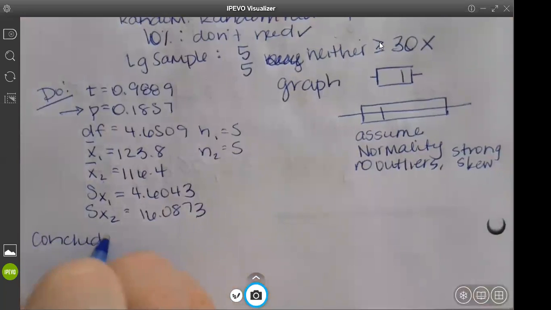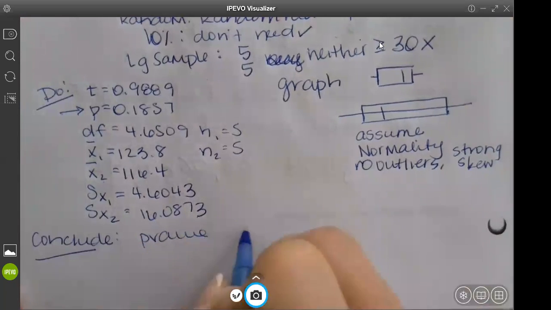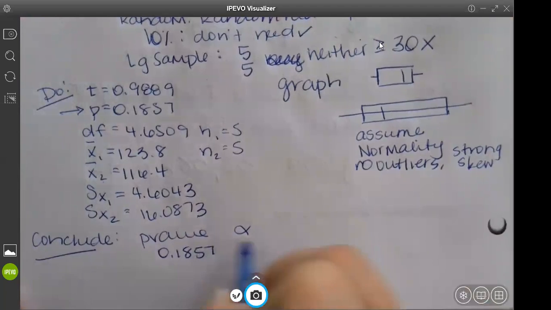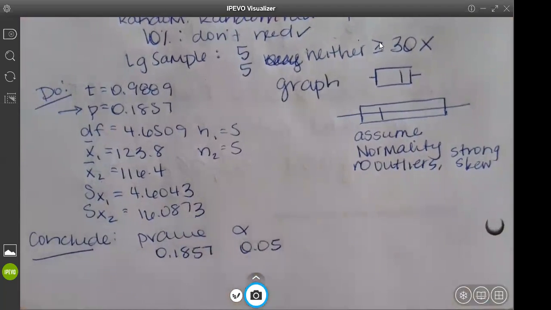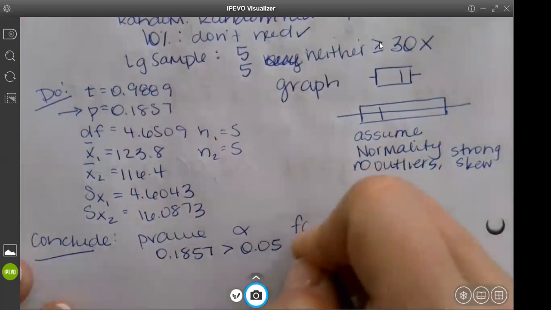So that in the conclusion, we can test our p-value against alpha. Our p-value was 0.1857. Alpha was 0.05. Greater than means fail to reject.